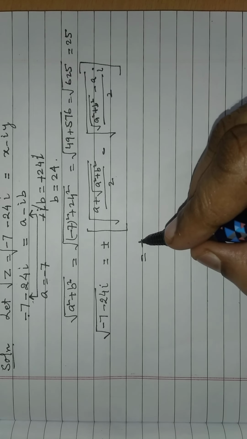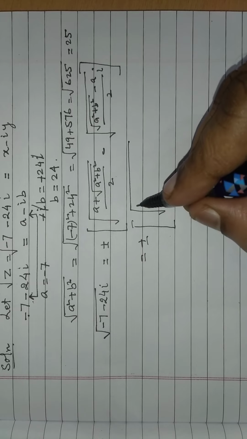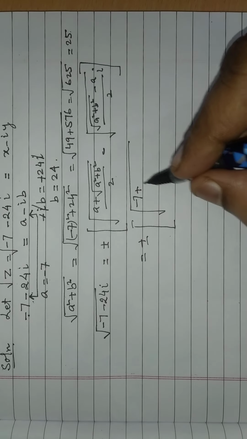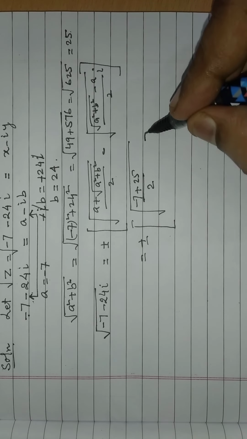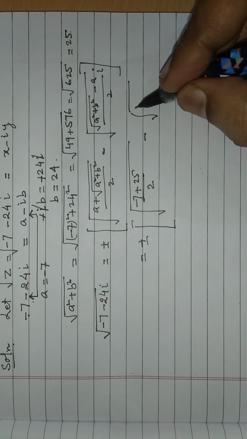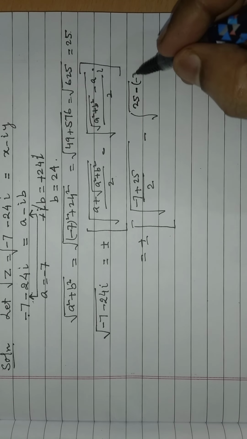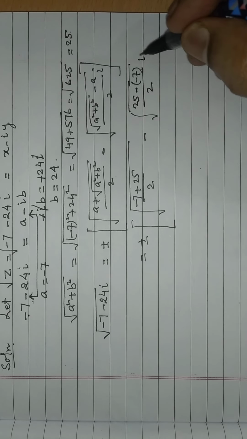So here plus minus, a is equal to -7 and the square root of a square plus b square is 25. So 25 minus 7 divided by 2, minus 25 plus 7 divided by 2 into iota.